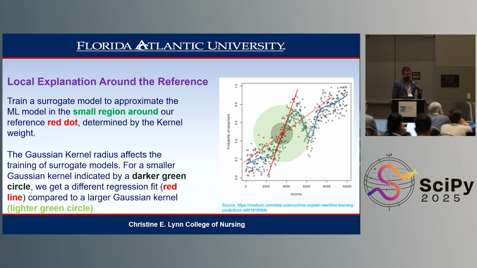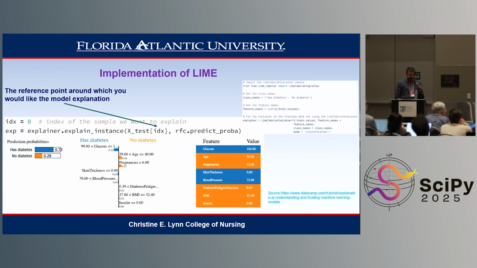And then you can get different linear regression fits for different kernel sizes that you decide to fit the region for. And then you can get an explanation, like you can see over here. For that particular instance, it's showing that glucose is lower, so it has a diabetes chance in that region.